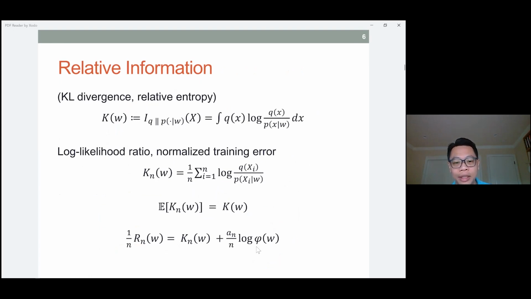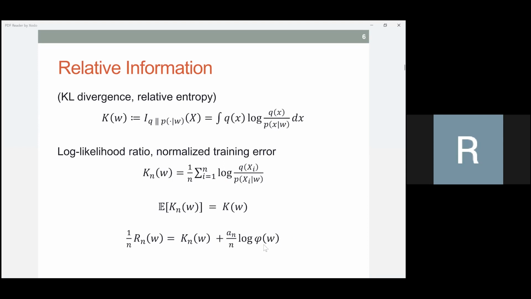If I take the expectation of that to get R, it's going to be k plus this term, which is not stochastic. The true fiber that I described is going to minimize just the first term, k.